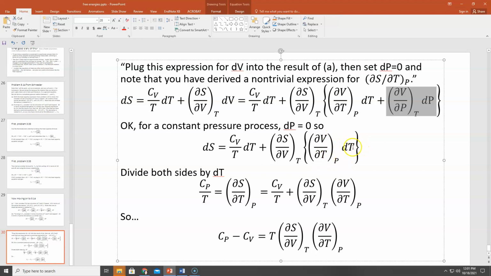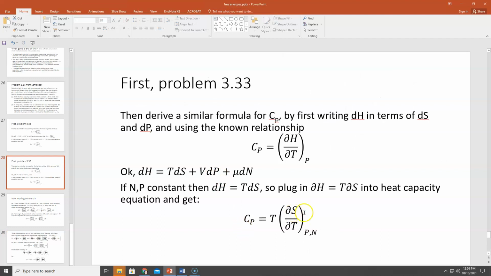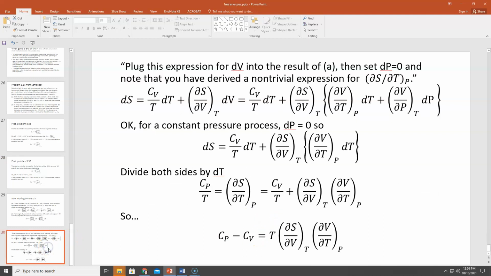Now we're going to divide both sides by dT. That will give me, here's C sub P over T, equal to partial S with respect to T holding P constant. Because look here, when I divide both sides by dT, on the left-hand side I end up with dS over dT. And I know, from my relationship from problem 3.33, that partial S with respect to T gives me C_P over T. So there we have it.